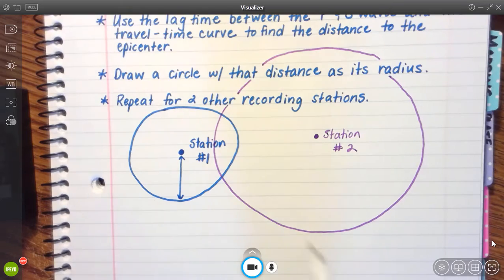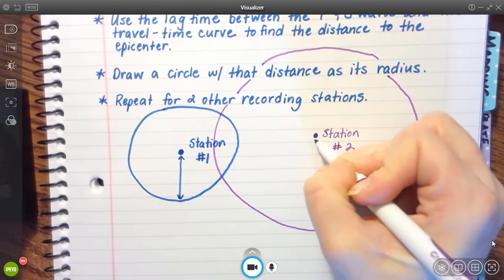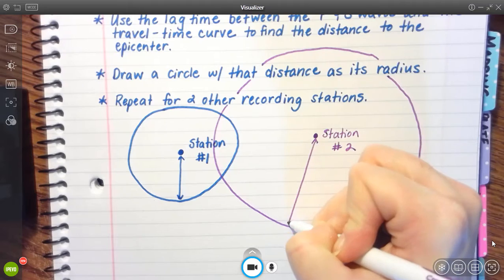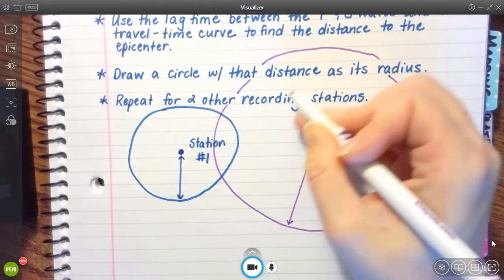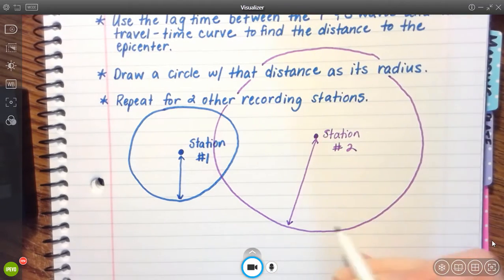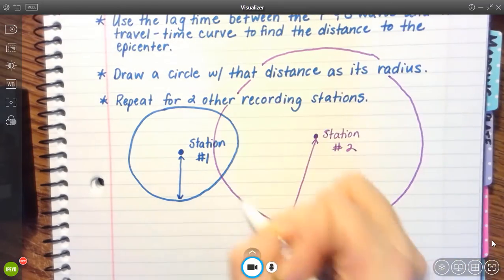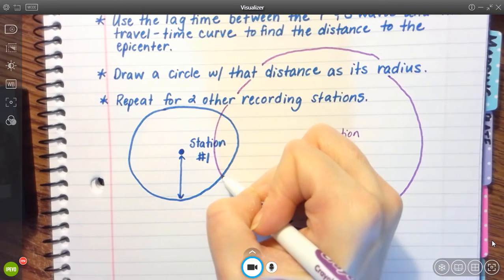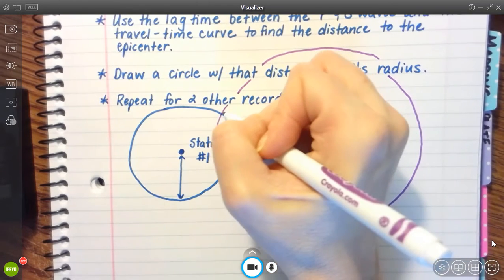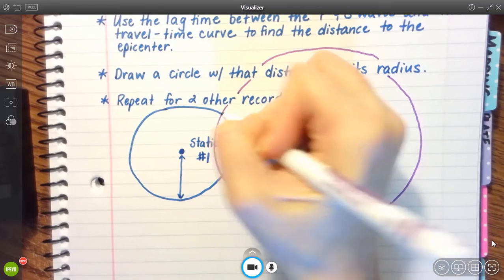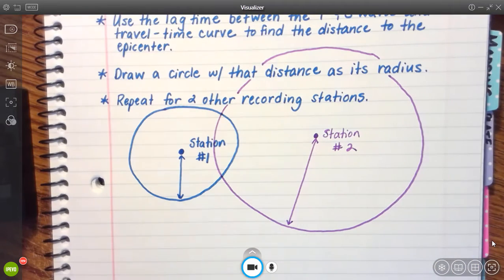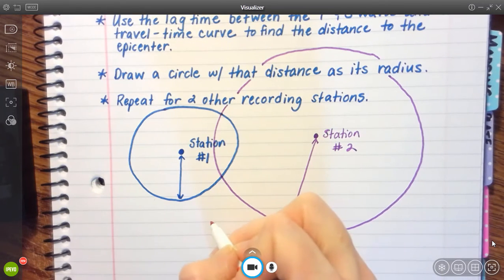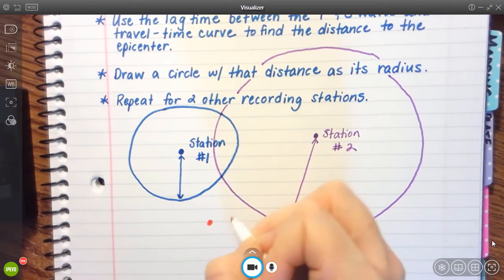But what you see here is that when you only have 2 stations, this distance would be how far the station was from the earthquake. So the earthquake could have taken place at any of these points along the circle. But when you have 2 stations, your earthquake could have been at this intersection point, or it could have been at this intersection point. And you don't know which one with only 2 stations of information. You have to have at least 3 stations to have your epicenter pinpointed.